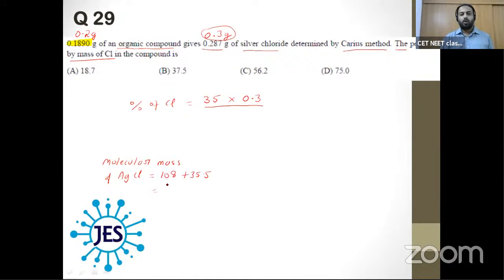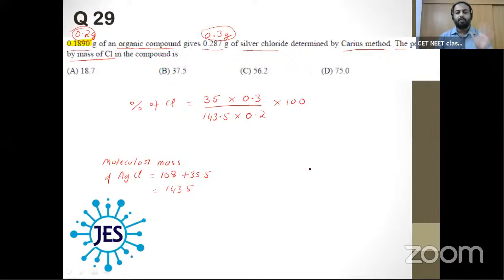So this will be 143.5. Molecular mass of AgCl 143.5 into mass of the organic compound, which is 0.1890. Remember, we have approximated it as 0.2 for convenience of our calculations. Okay, so it is 0.2 into 100.